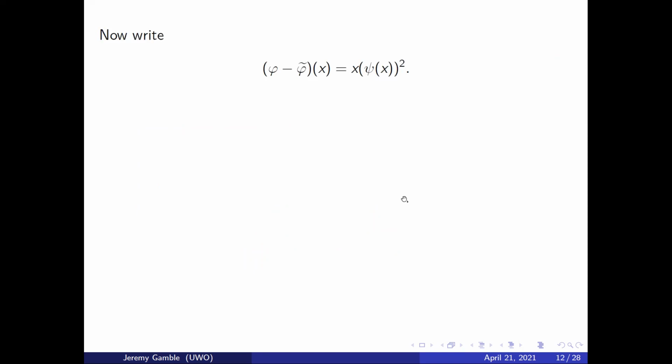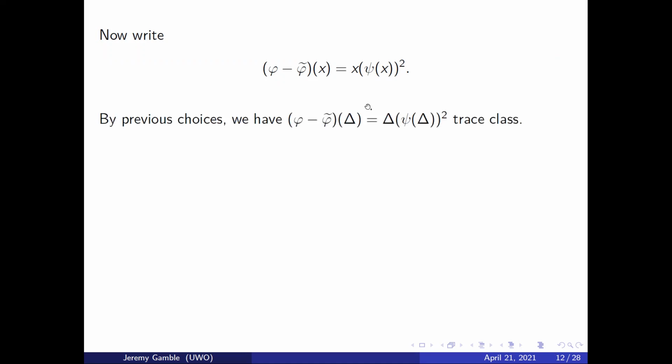Now we have this function, and because both phi and phi tilde of 0 are 1, we can factor out this x here. And because it's a positive function and phi is greater than phi tilde, we can write it as the square of another function.